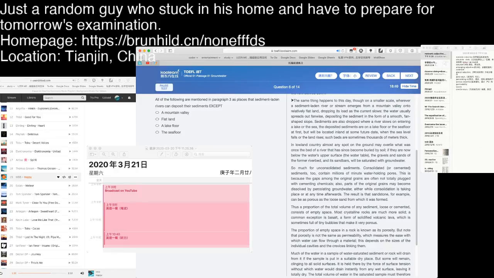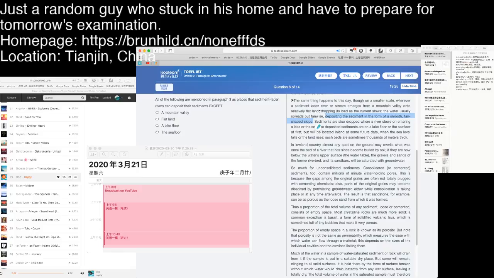No, I never read this. Wherever the sediment-laden river stream emerges from a mountain, it deposits the sediment in the form of a smooth, fan-shaped slope. The seafloor, probably.